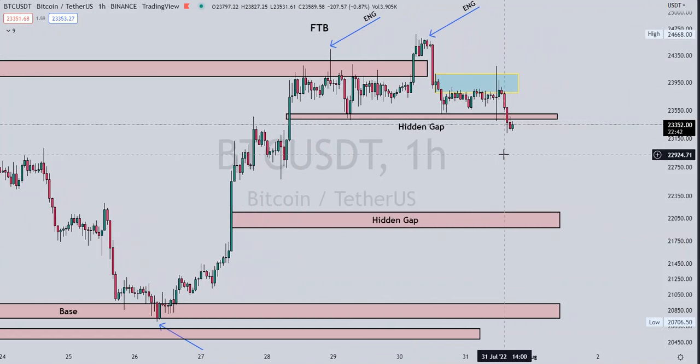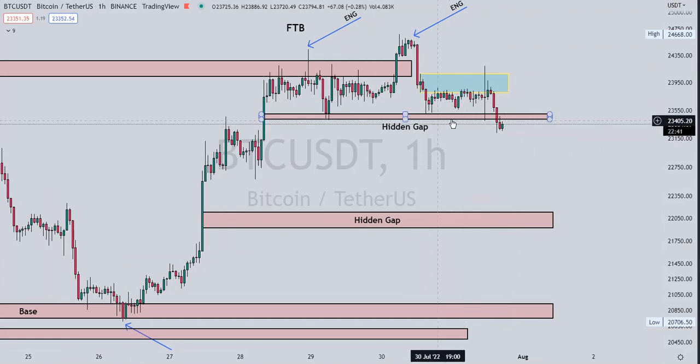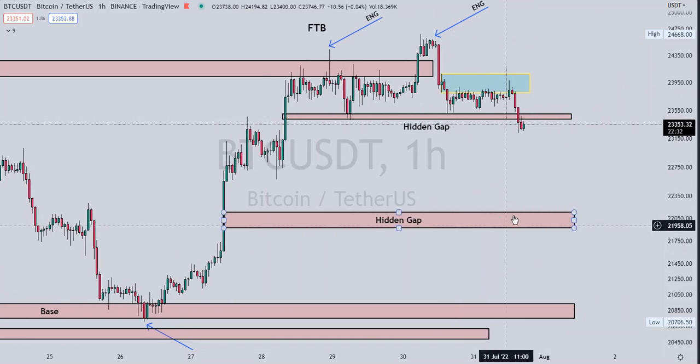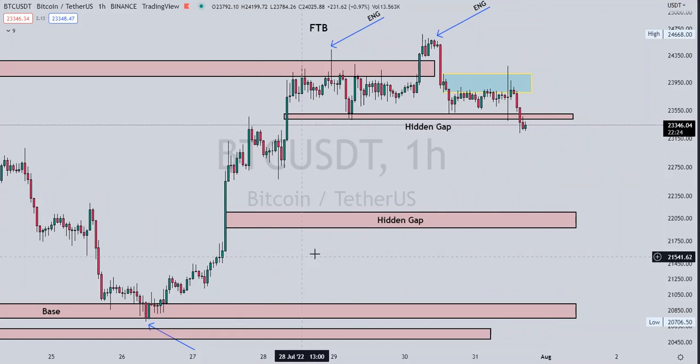So here we can see the price dropped below this hidden gap. This is a confirmation for me to see much lower prices, and the first support where I expect to see a bounce, but a minor bounce, is this hidden gap in this very strong momentum candle.